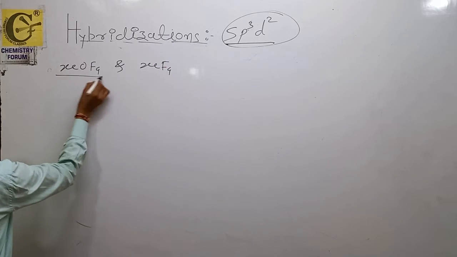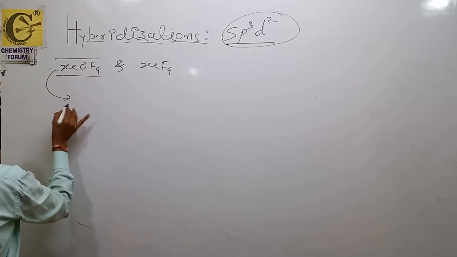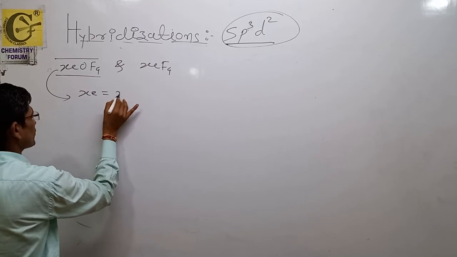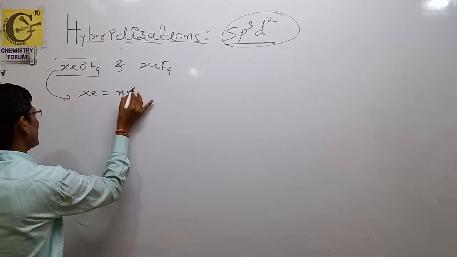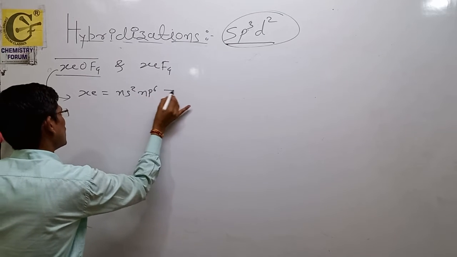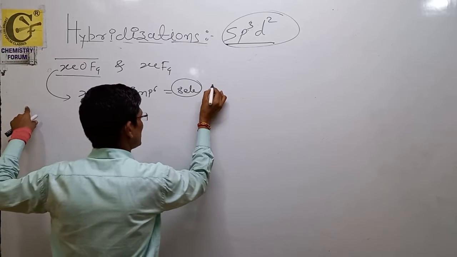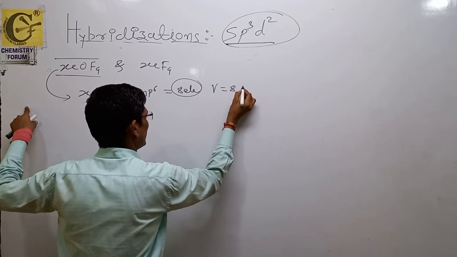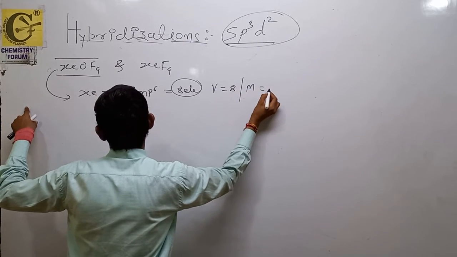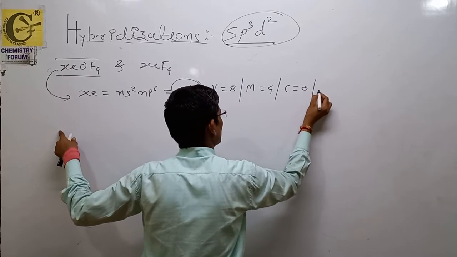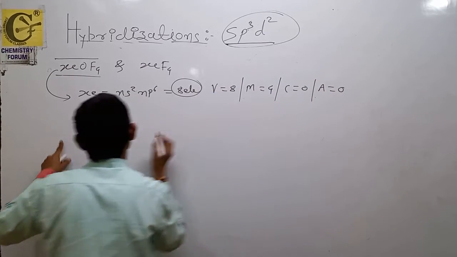First of all we discuss the Xe atom, whose outermost electronic configuration is 5s2 5p6, total 8 electrons in its valence shell. So V equals 8, monovalent atoms 4, cation 0, anion 0.